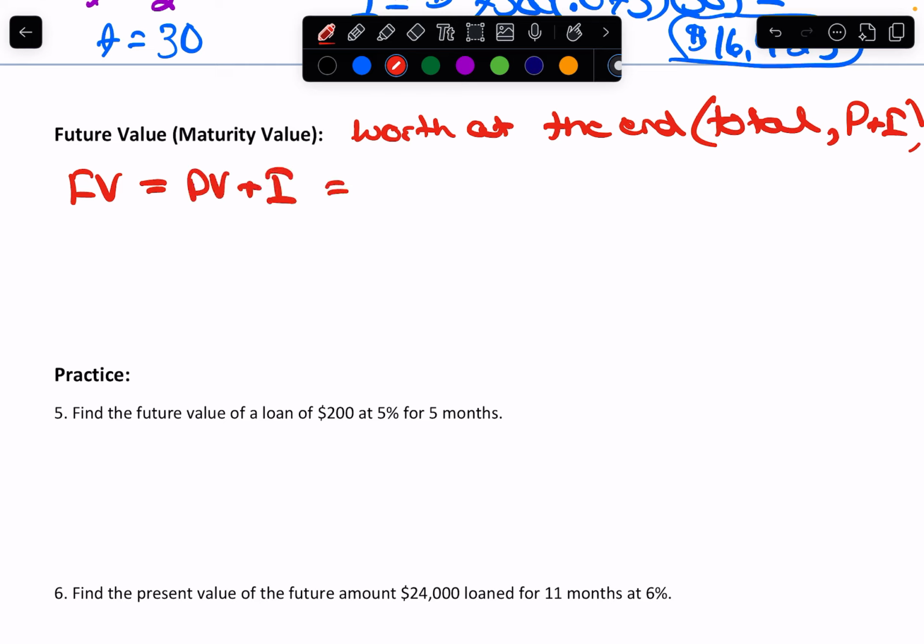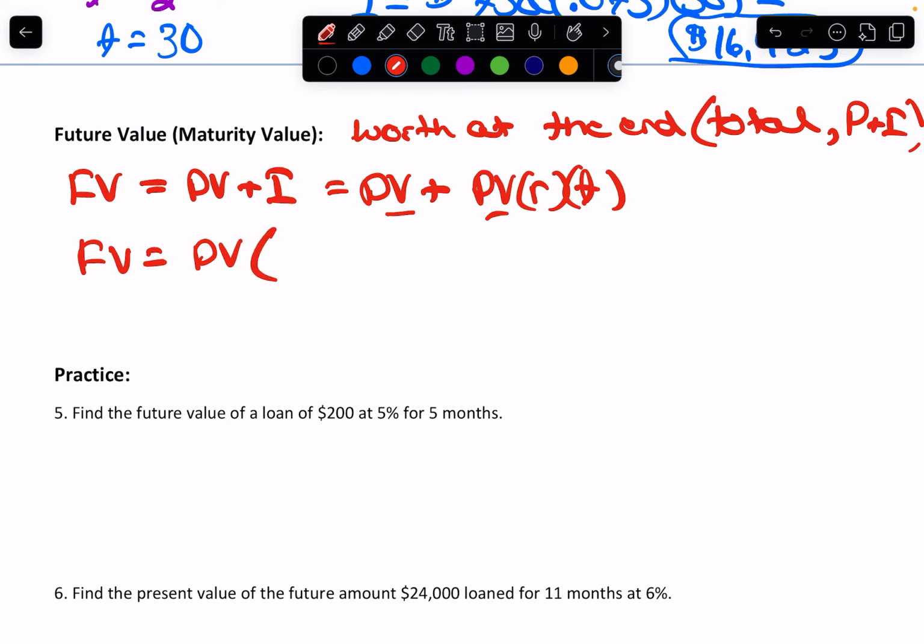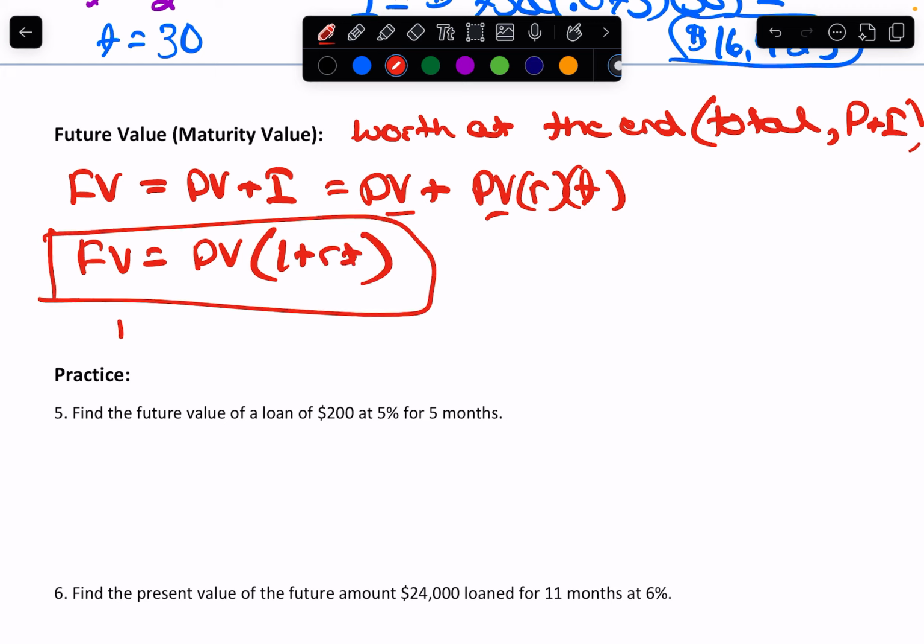And we know that interest was calculated by present value times the rate times the time. So in other words, if we take out the present value as a common factor, we can rewrite this as the present value times parentheses 1 plus R times T. Again, this is the total.